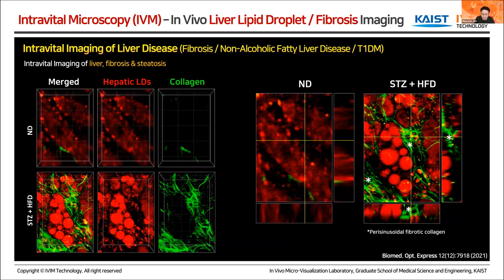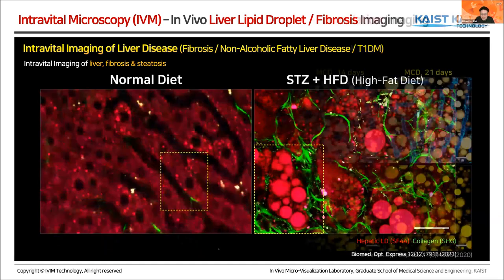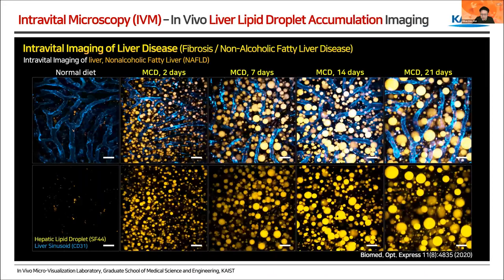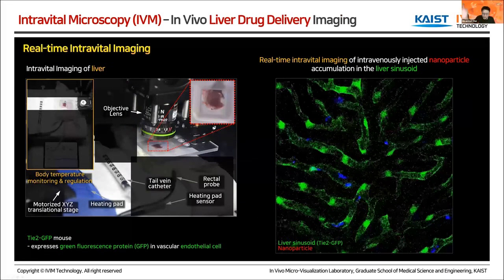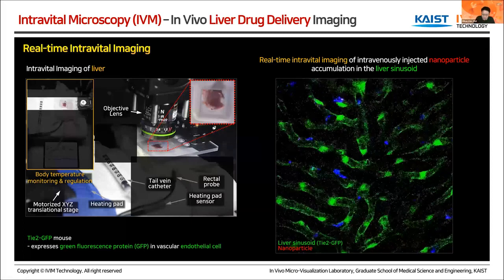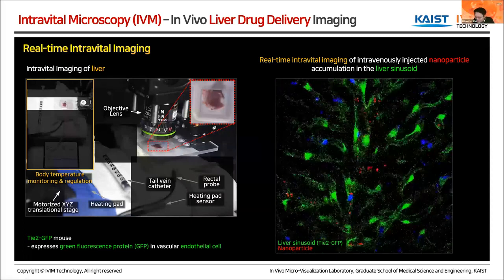And then we can just search around, because our system is 30 frames per second. It's a video rate system. So it's relatively easy to observe such a large area, and then to find the same location.